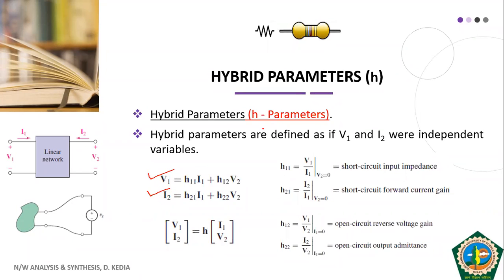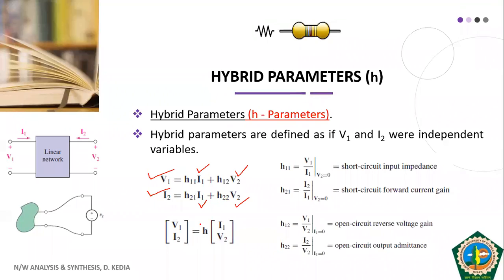And in H parameters, we have V1 and I2. Similarly, in the equation corresponding to V1, we have I1 and V2, not I1, I2 and V1, V2 as we encountered in case of Y parameter and your Z parameter.